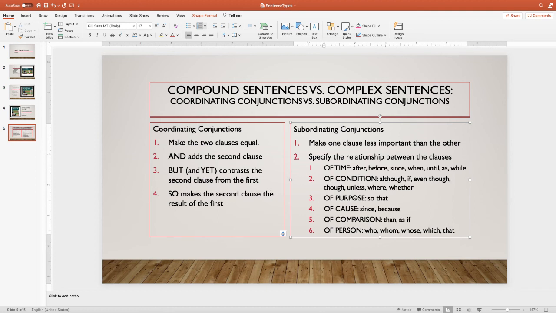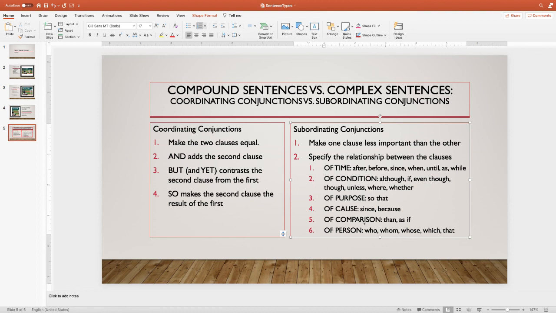Okay, so that, as opposed to so, these are two different structures. So that is of purpose. I brought my umbrella so that I could stay dry if it rained. Okay, so purpose. There's cause. Subordinating conjunctions, since can be used as a cause as well as of time. Has that sort of double meaning. And also, of course, because shows cause.